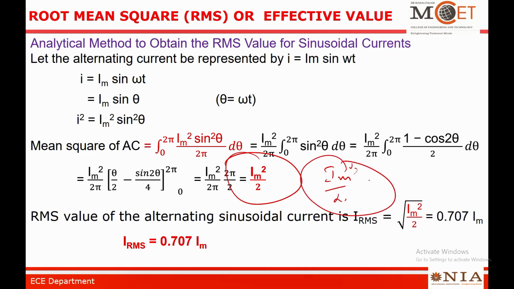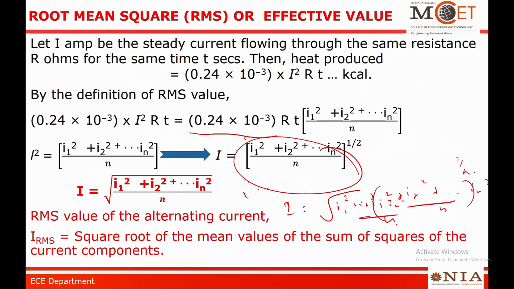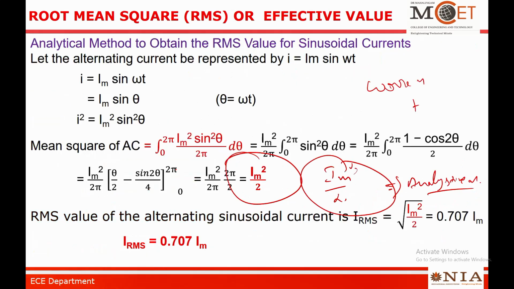So this is obtained with the analytical method. In terms of the current components we got the equation I is the root of I1 square and so on, whereas with the analytical method we got Im square divided by 2.